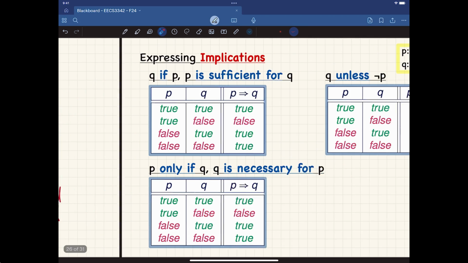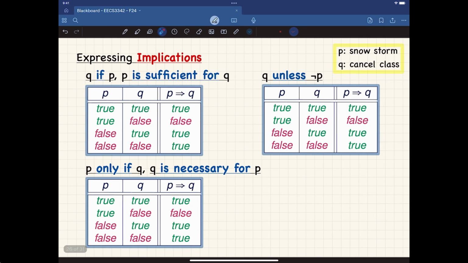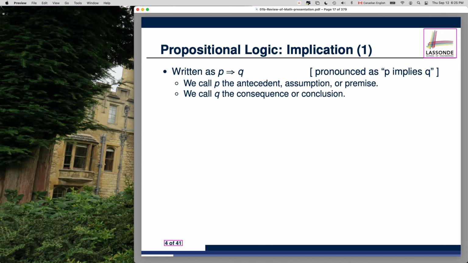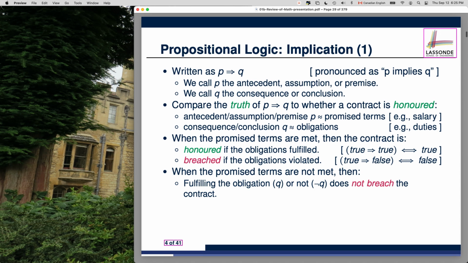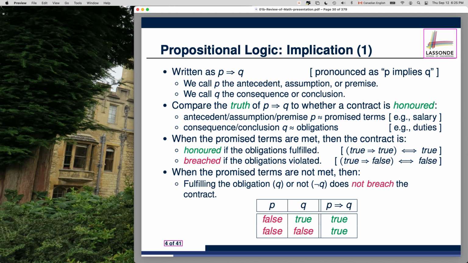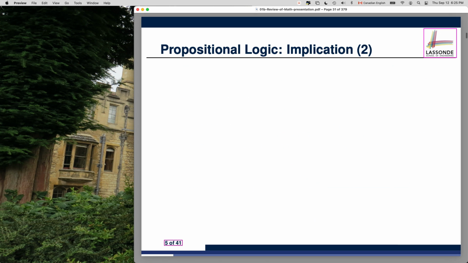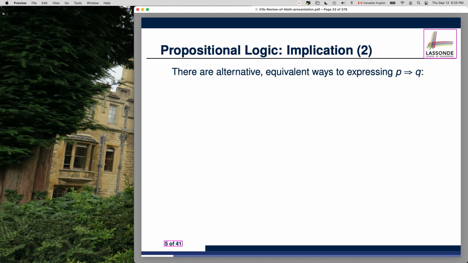And now let me talk a little bit more about different terminology over here. Everything has been covered over here. Now we've got different ways to refer to an implication, right?